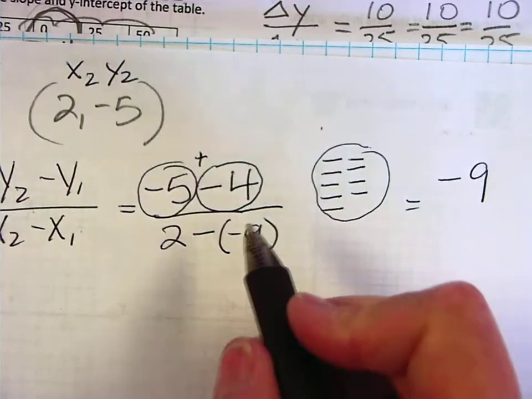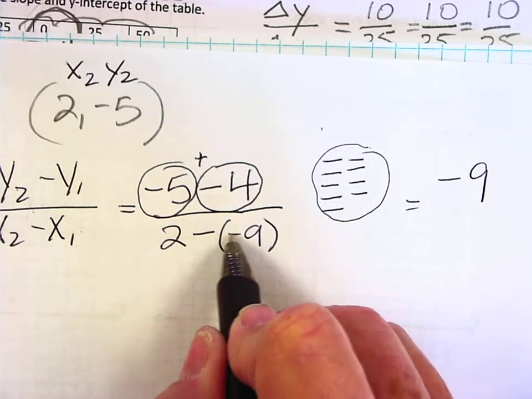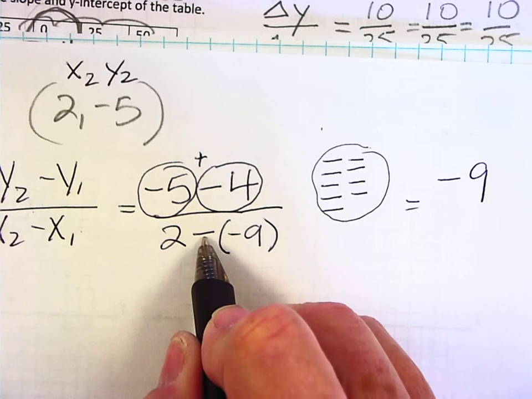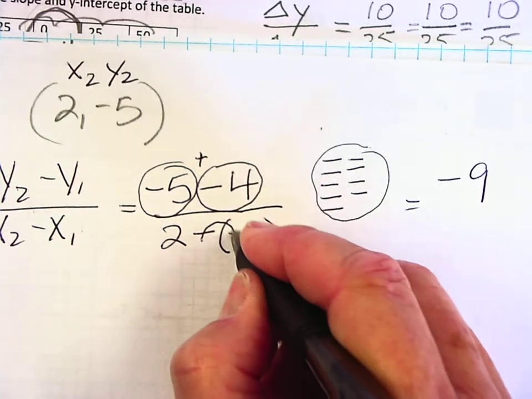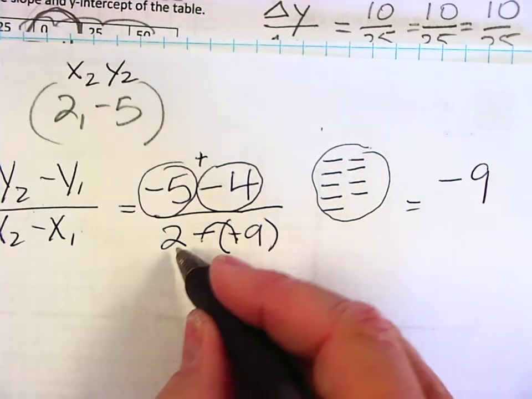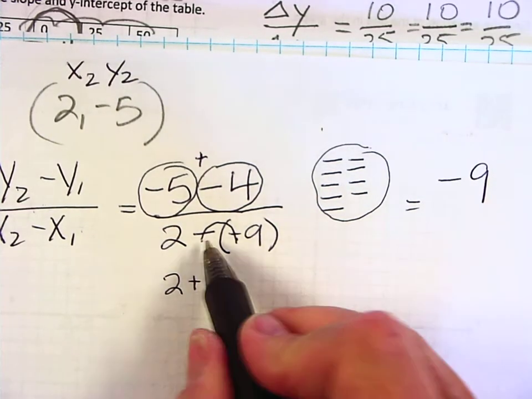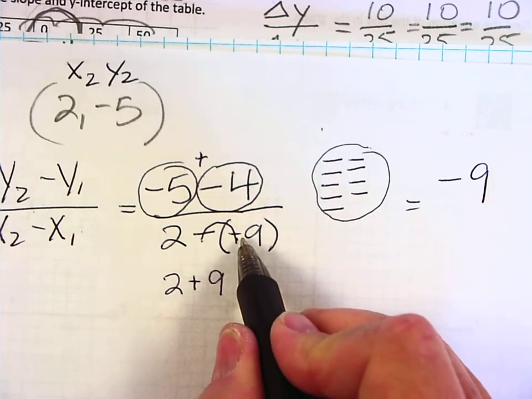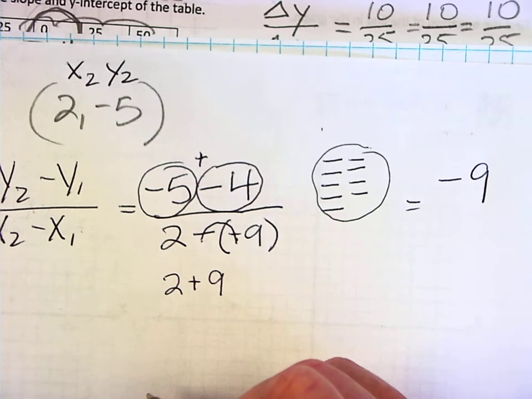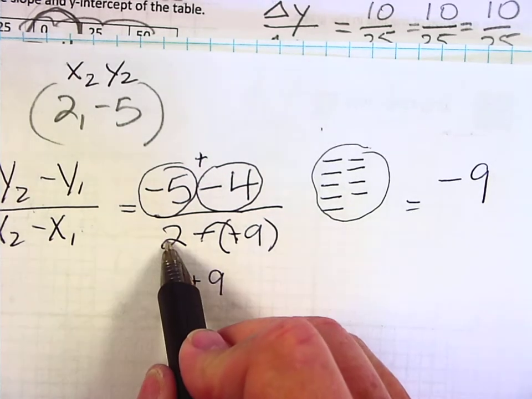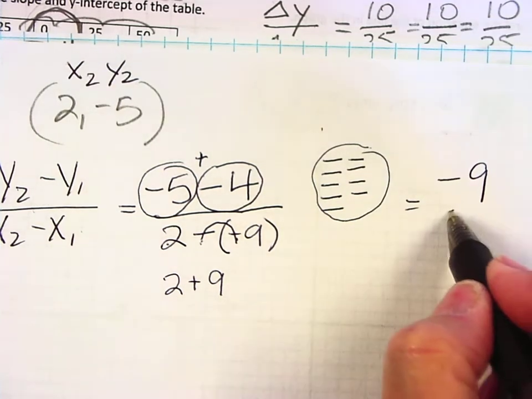And then look at this. This is 2 subtract -9. When you're subtracting a negative, it's the same exact thing as adding a positive. So this is really 2 plus 9. If I take 9 negatives away, you increase by +9. So this is 2 plus 9, which is 11.